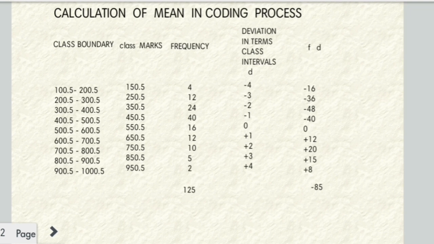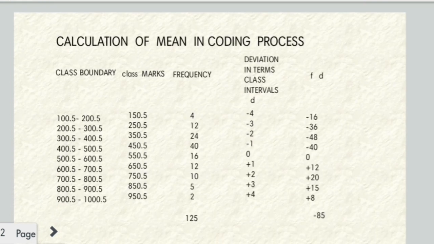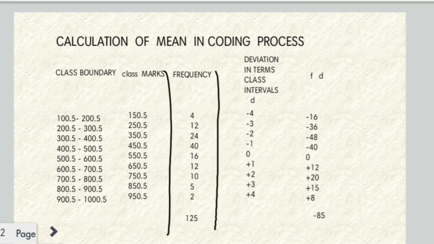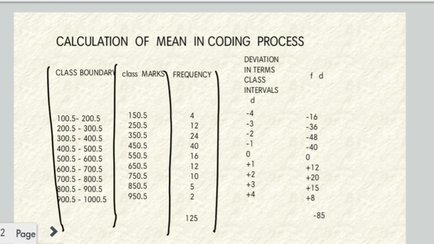In the same process in this table, we see two attributes, frequency and class marks.